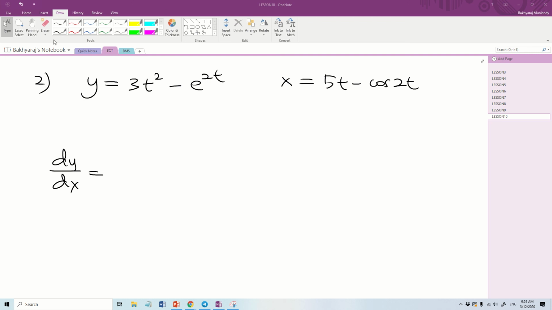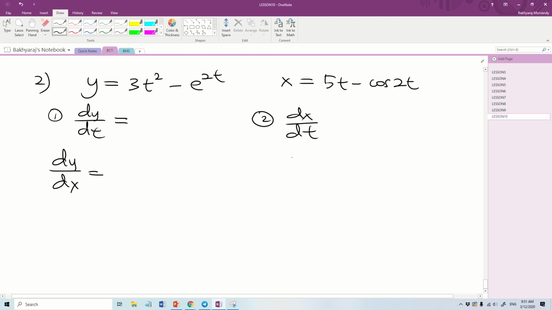So what is my answer? First I need to get dy/dt. Number 2, I need to get dx/dt, and change dx/dt to dt/dx. And number 3, we go for dy/dx.